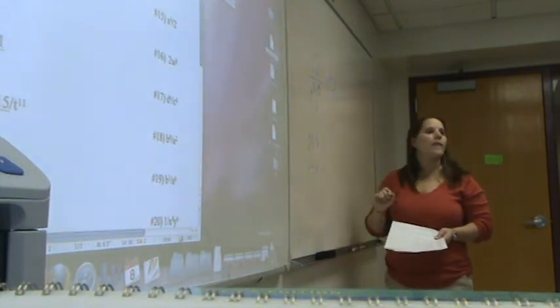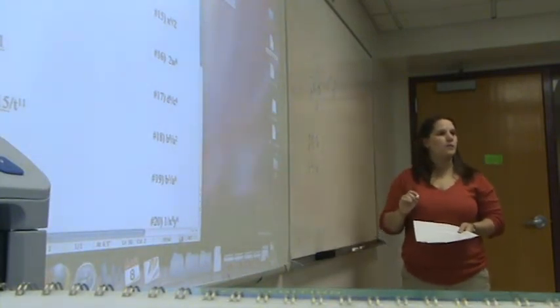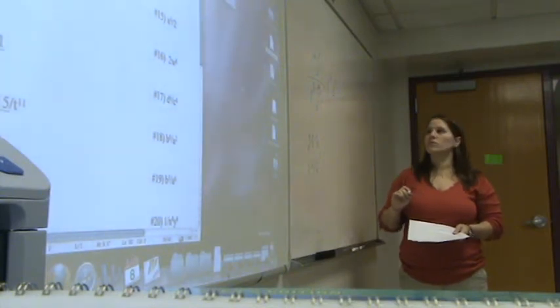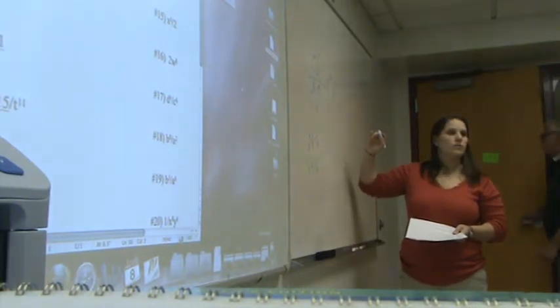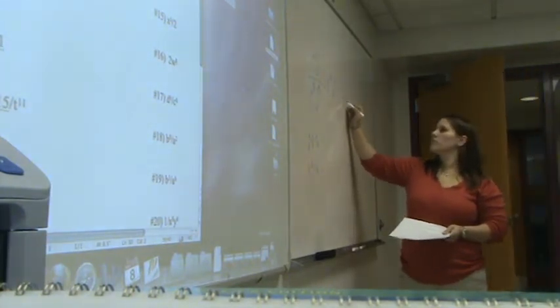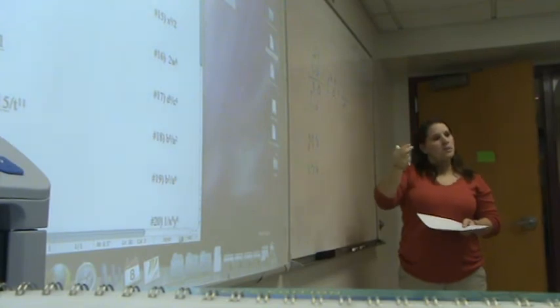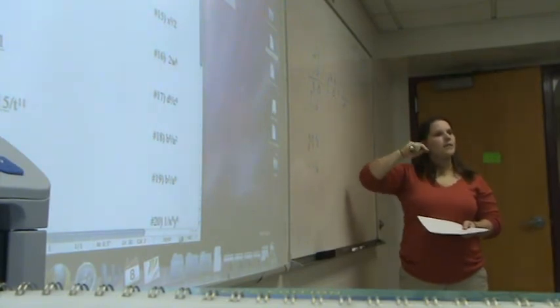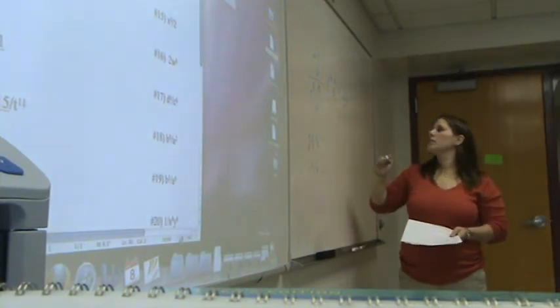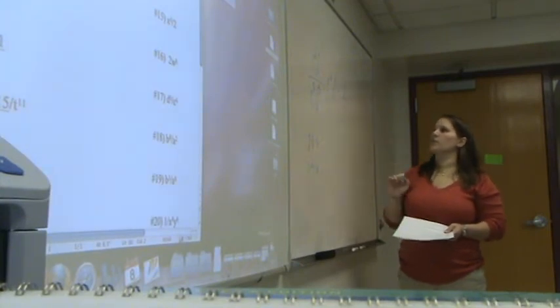So now how do we rewrite that using only positive exponents? You would do 1 over c to the 6th. Negative exponents go in the denominator, positive exponents are in the numerator. So d to the 6th over c to the 6th.